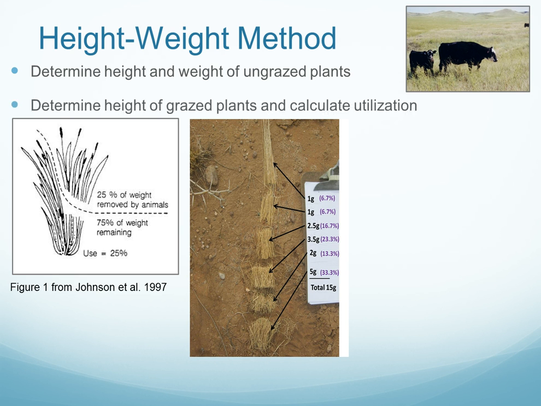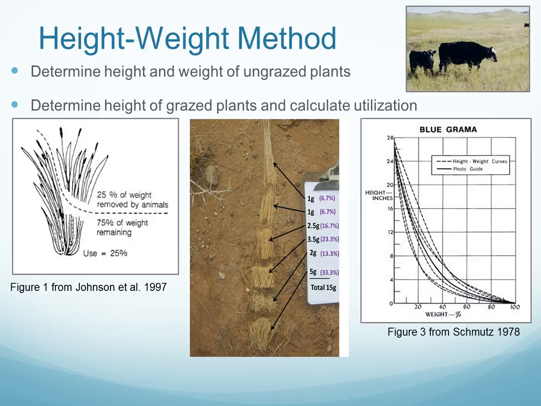And we develop usually a curve. Sometimes we can develop tables that help us to relate this information about the height of grazed plants to the amount of weight removed.